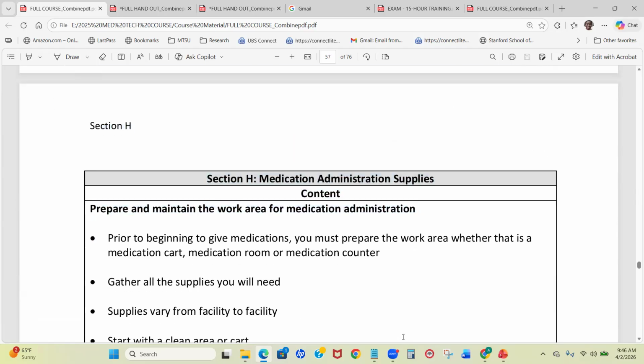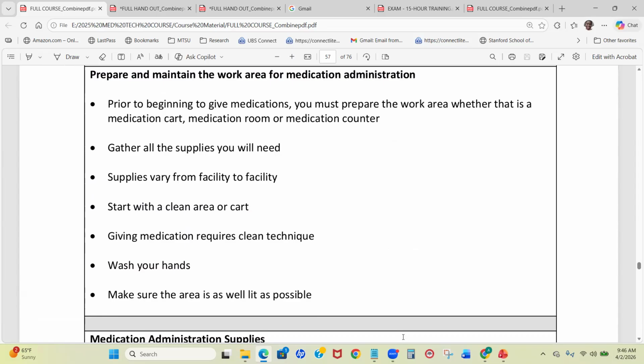You need to have everything gathered. When you're about to administer medication, you must gather all your equipment. Don't start giving medication before you go and look for hand sanitizer, alcohol prep, or discover that there are no insulin syringes.